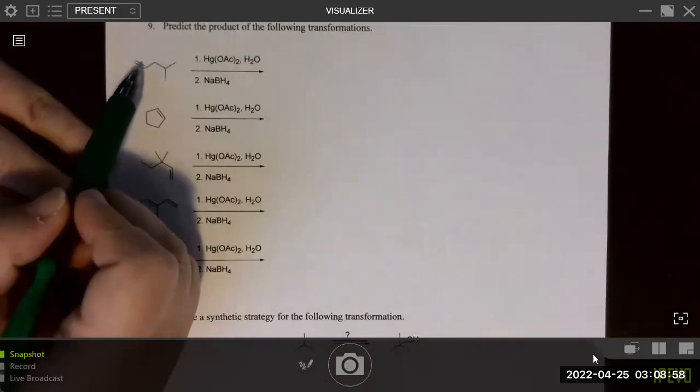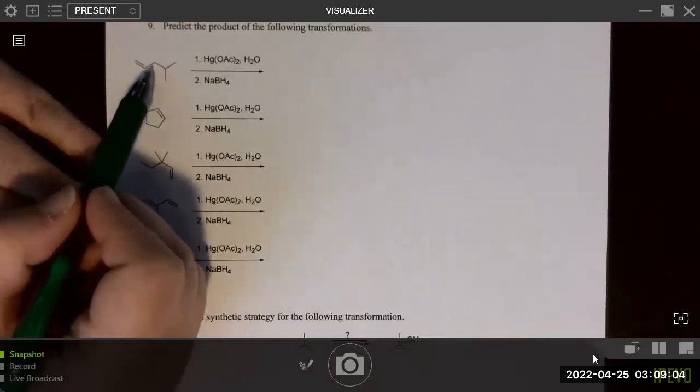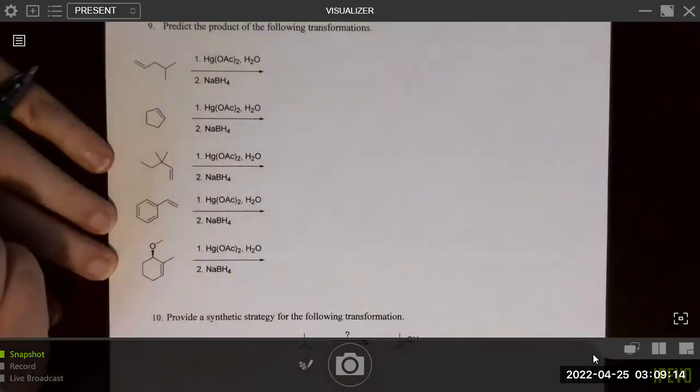So this one, right? Do we need to consider regioselectivity? Yes, because this is not a symmetrical alkene. So we want to know that the OH is going to get added at the more substituted carbon, and it will form a stereocenter, so we need to make sure to draw the racemic mixture.